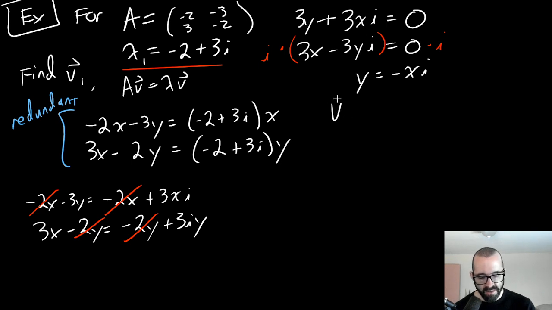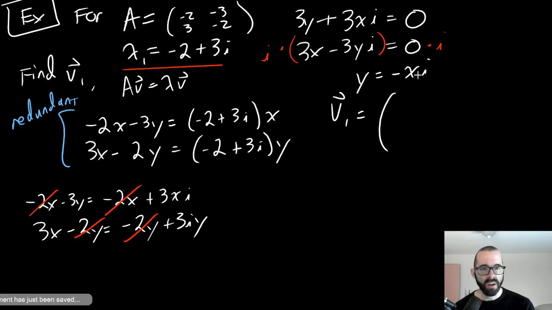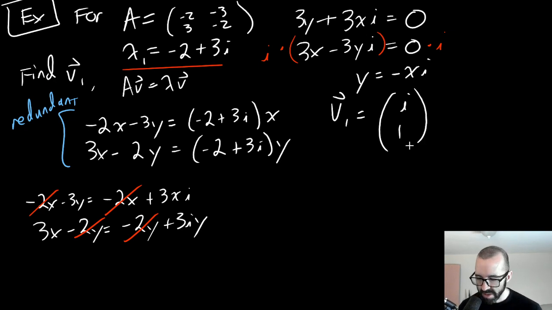So let's choose our eigenvector. x can be anything, and y just has to be negative that times i. So if x is 1, for example, y would be negative i. If x is i, that's a really nice one, because we get negative i squared, which is positive 1.